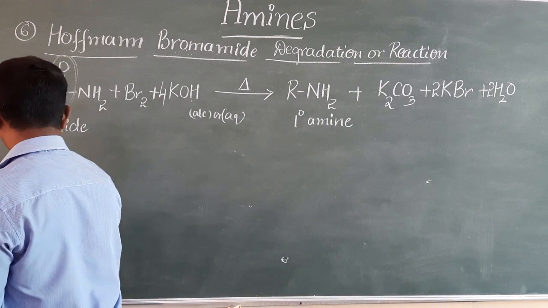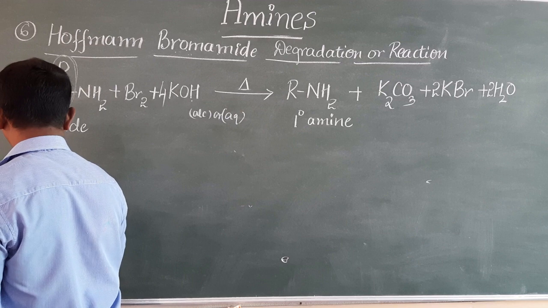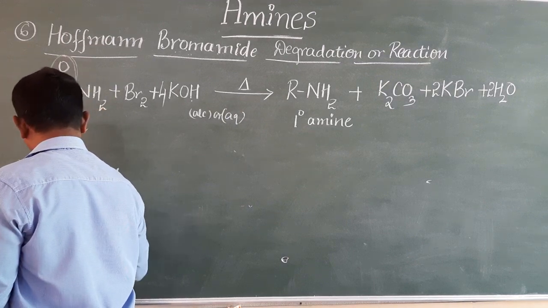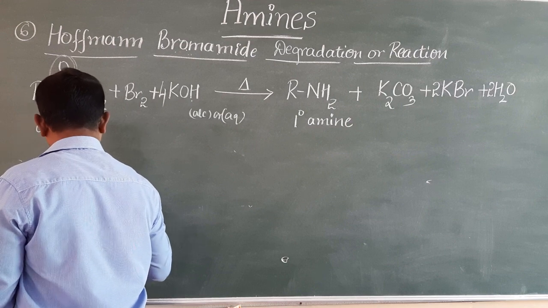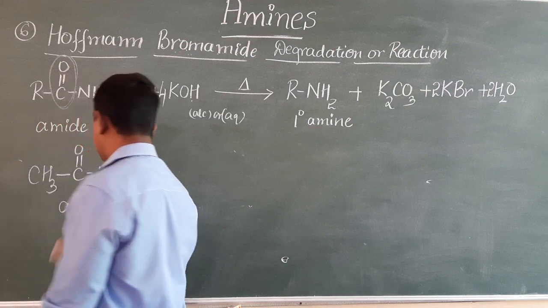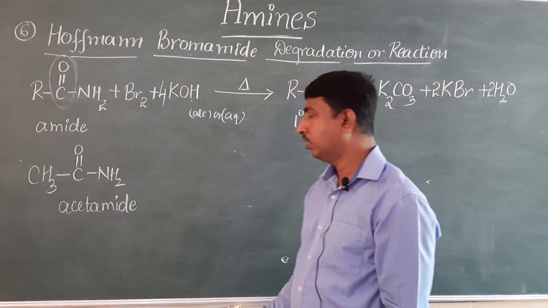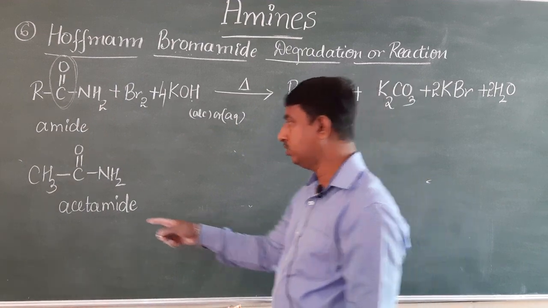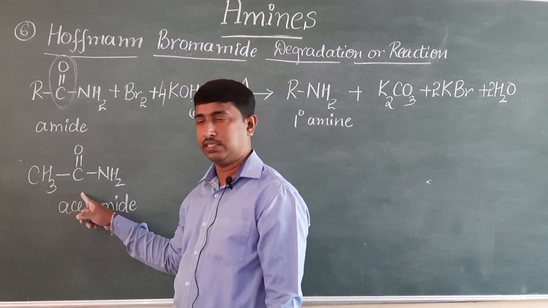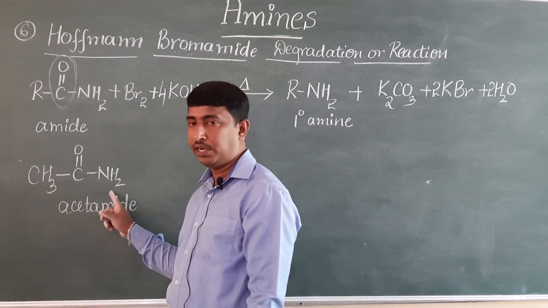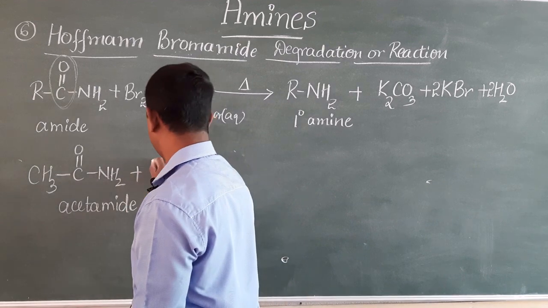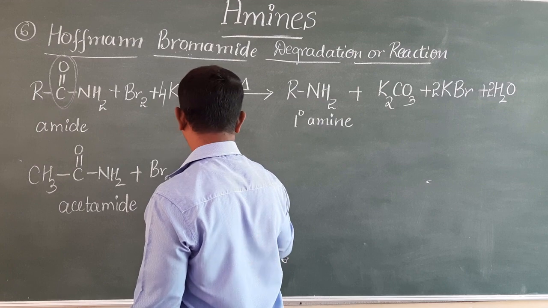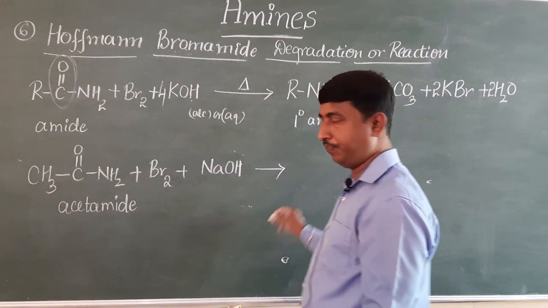For example, in the place of R, I will take methyl group: CH3, C double bond O, NH2. This is the amide obtained from acetic acid, CH3COOH. Reaction of acetic acid with ammonia gives acetamide, treated with bromine and sodium hydroxide or potassium hydroxide.